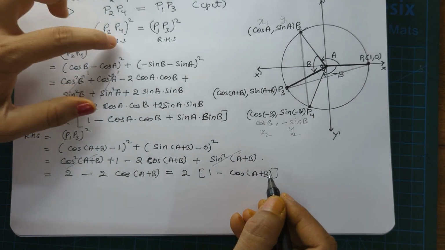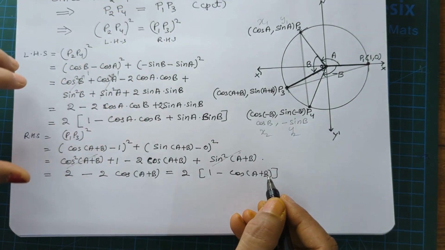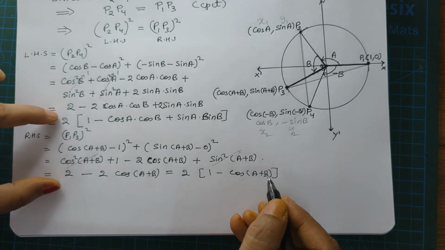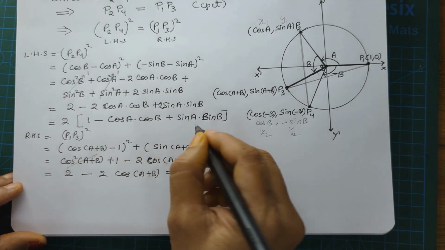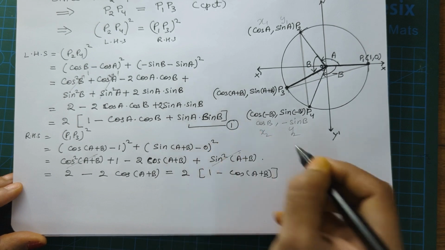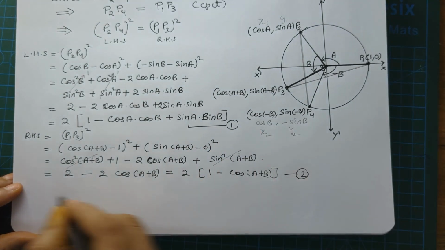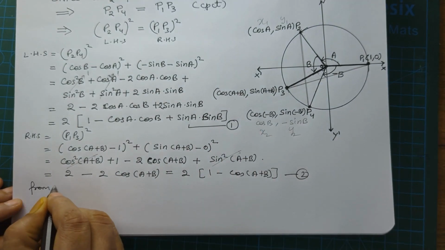Now, since LHS is equal to RHS, we will equate these two simplified results. Let's call this equation 1 and this equation 2, and from 1 and 2 we take the right-hand sides.